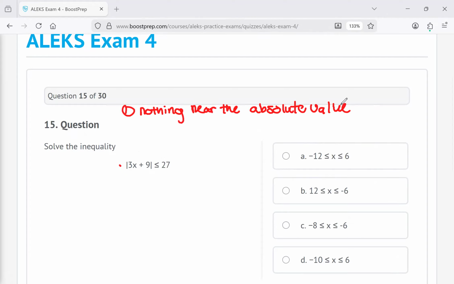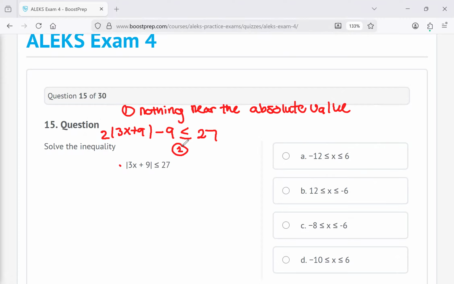If there is, get rid of it. So if there was an absolute value of 3x plus 9, minus 9, is 2, you've got to get rid of this minus 9 by adding 9, and then get rid of this 2 by dividing by 2. That's hypothetical, because there's nothing near the absolute value, we are fine. We can skip this step.